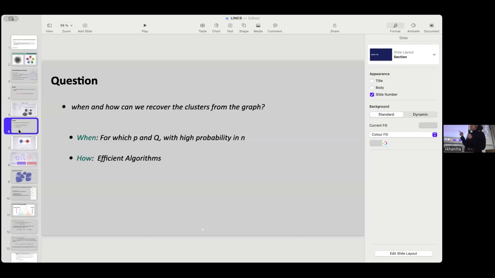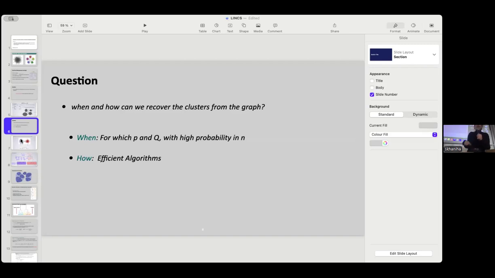So what we are searching for is, for which P and Q we can say that the clusters are recovered by some algorithm. And this definition applies when the number of nodes tends to infinity.